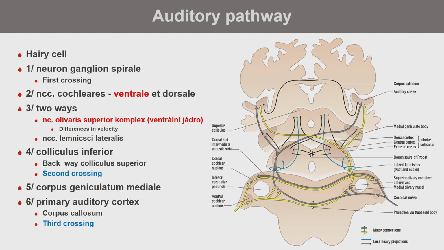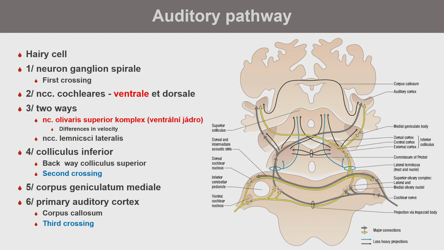And they are then connected to the motor system by the vestibulospinal tract, because they are able to maintain the contraction of postural muscles, so to balance the body position. So this is quite easy. The auditory pathway is more complicated.